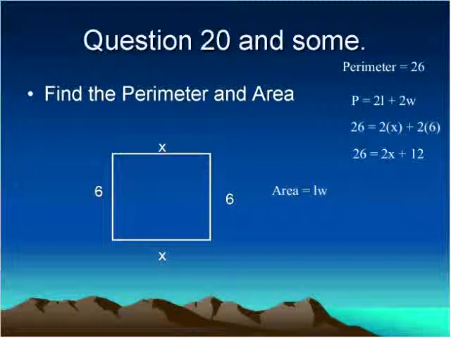So in this case, our area is simply going to be x times 6 or 6 times x. When you're writing things like this, the standard way of writing it is the number first and then the letter. So even though our length is x and our width is 6, we're going to write it in this way, 6x.